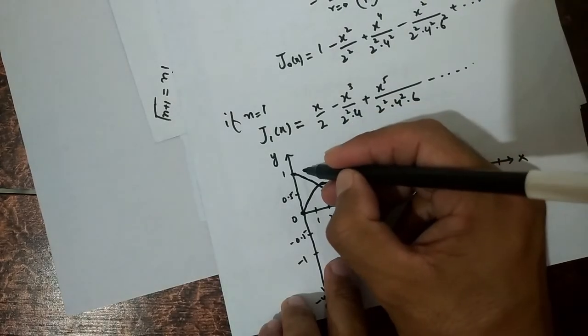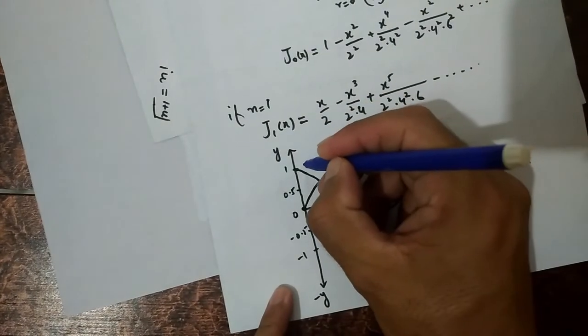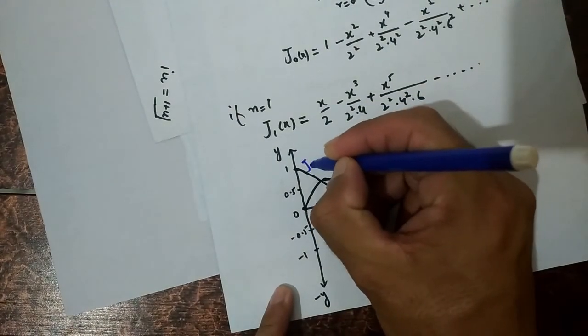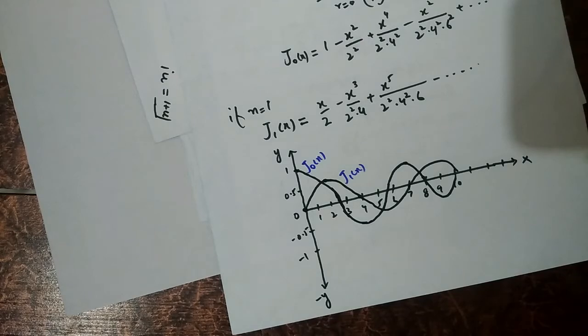So this one is for J0 of x, and this one is for J1 of x. Clear? So what we got here is that the Bessel functions are oscillatory functions, and they have varying period and decreasing amplitude, so you can see it.